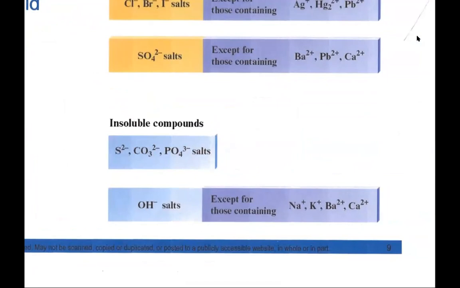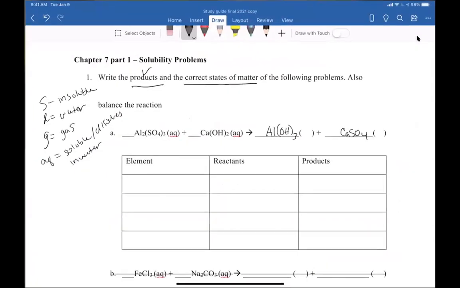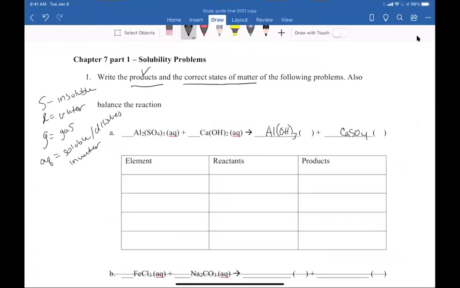So we have Al. Al is not an exception. So OH salt is actually insoluble, so we would write an S here. Again, because OH is considered insoluble and Al is not an exception, we would write an S.